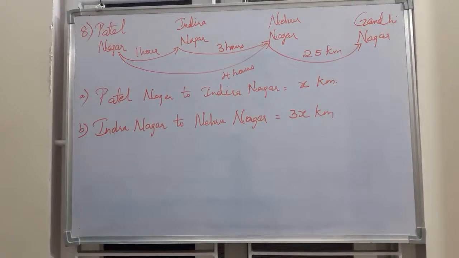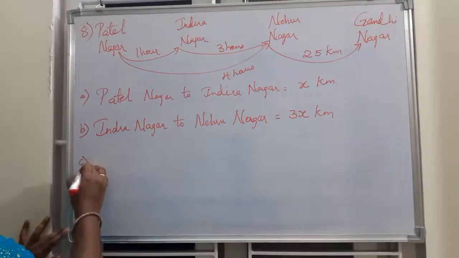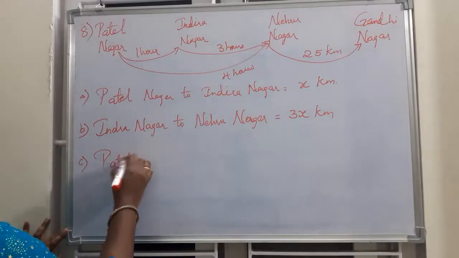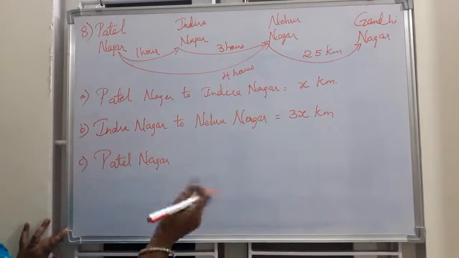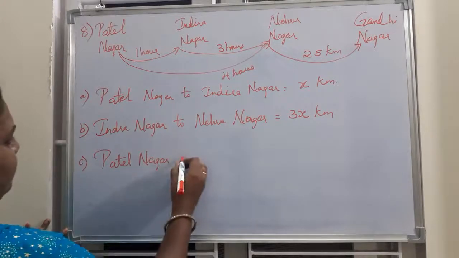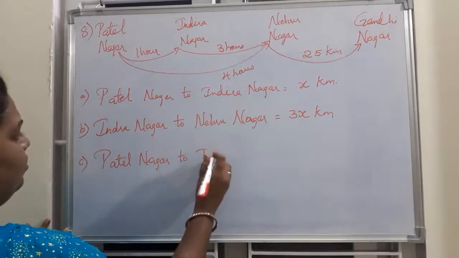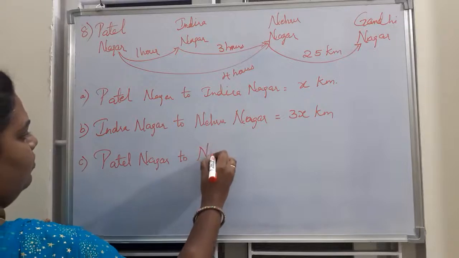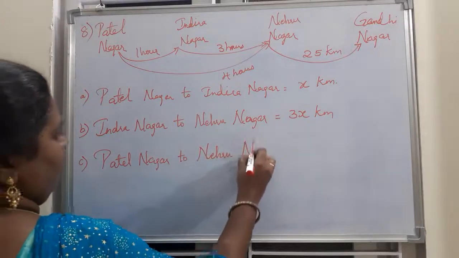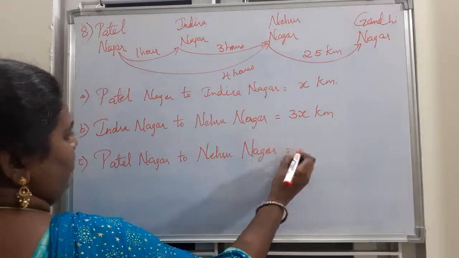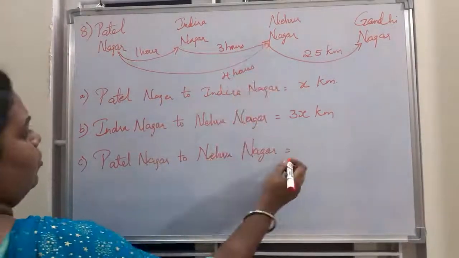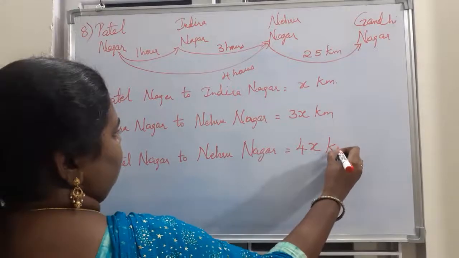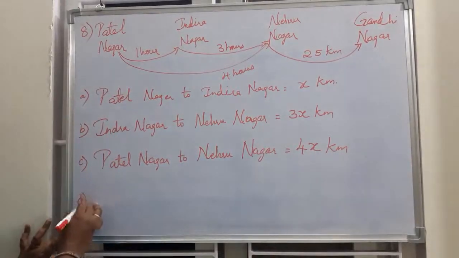Next, C bit. Distance from Patel Nagar to Nehru Nagar. So Patel to Nehru is 4 hours. See this line. So means 4x kilometers.